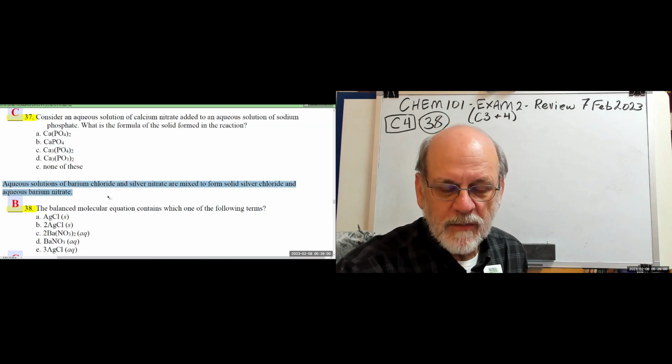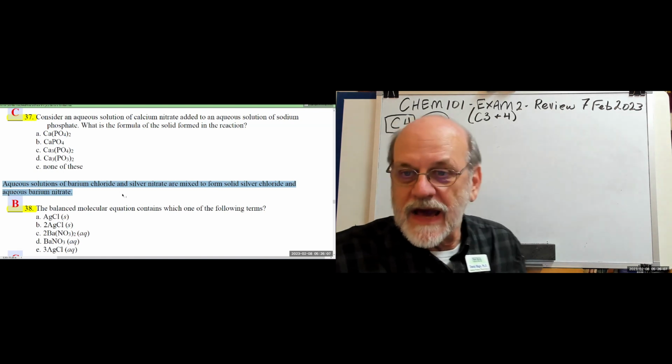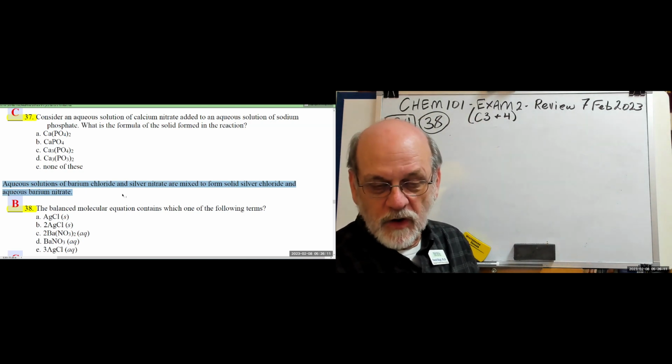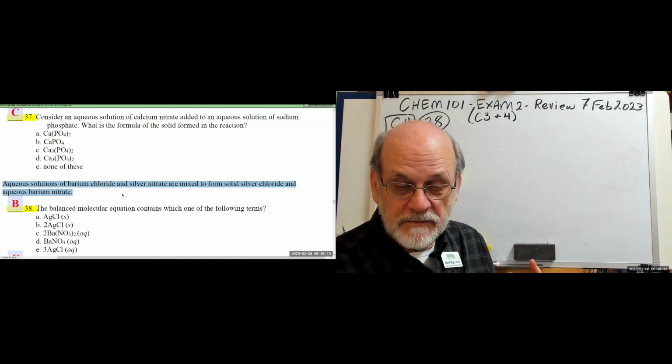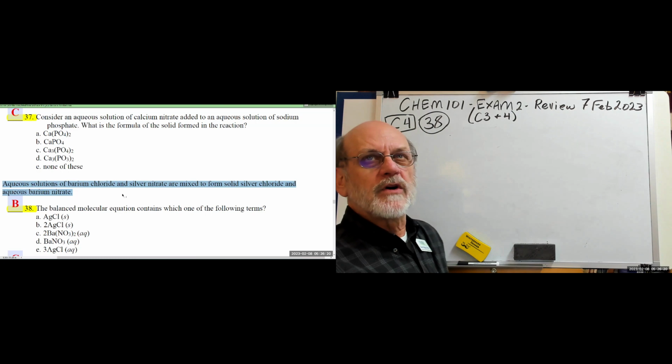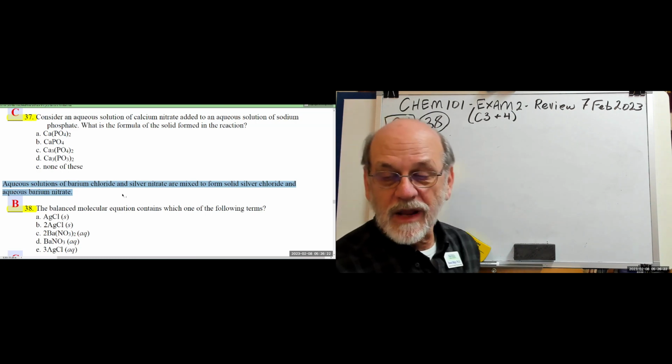Aqueous solutions of barium chloride and silver nitrate are mixed to form solid silver chloride and aqueous barium nitrate. So they were kind enough to tell us what the products were, but they didn't give us the compound formulas. So we have to do them ourselves. Barium chloride. So where's barium? Barium is an alkaline earth.